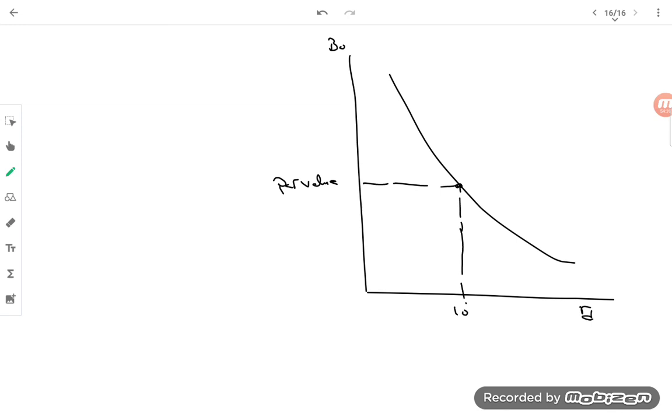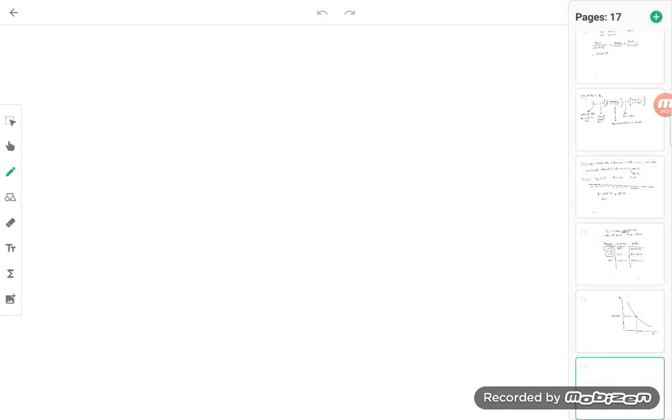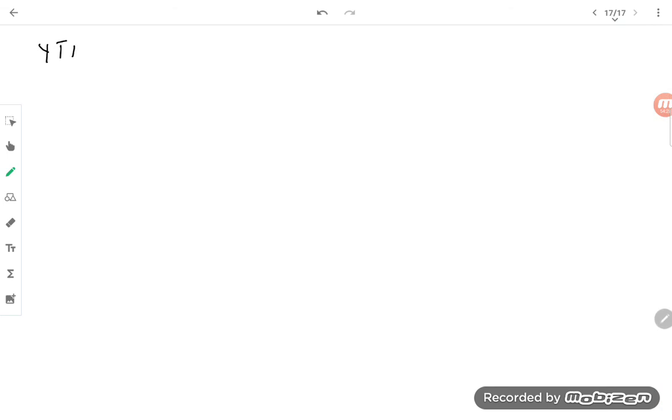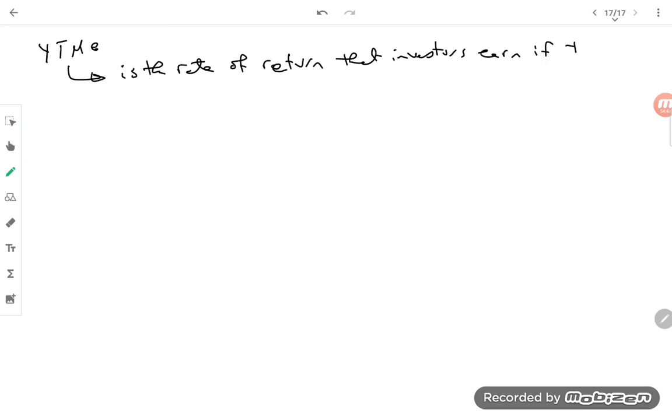So this means that the yield to maturity, as we said, is the rate of return that investors earn if they buy a bond at a specific price and hold it until maturity.